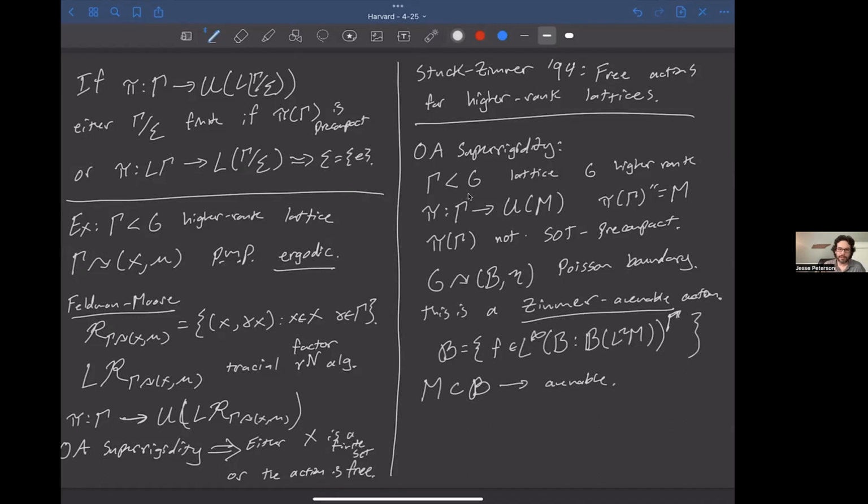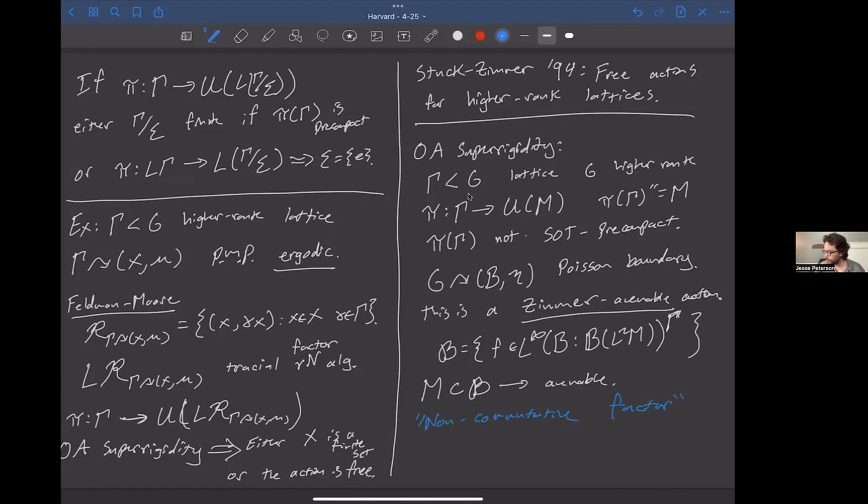If you've seen Margulis's proof, or if you're familiar with that at all, this is part of his proof, the so-called factor theorem. And this should be thought of as a non-commutative factor.